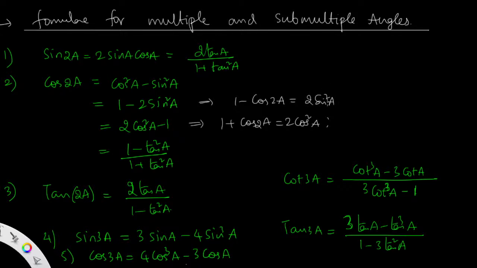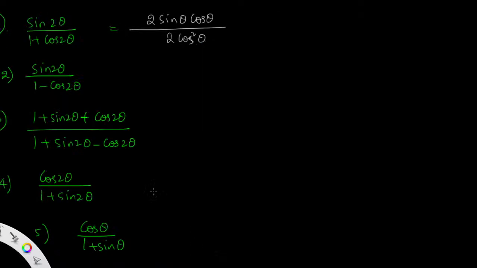This is the most frequently used formula. So 1 plus cos 2 theta is 2 cos square theta. Then in simplification, the 2 gets cancelled, the cos term gets cancelled, and you get sin theta by cos theta, which is equal to tan theta.